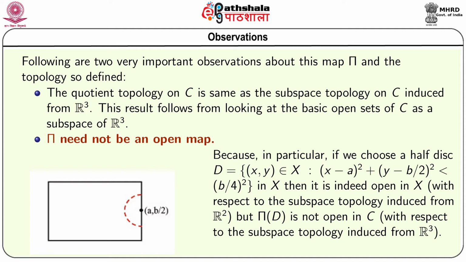But if we take pi of D, the image of D under the map pi, then once again we will get this open half disk drawn on the cylinder. Now, pi of D is not open in C with respect to the subspace topology induced from R3. So, that means pi will not be an open map.